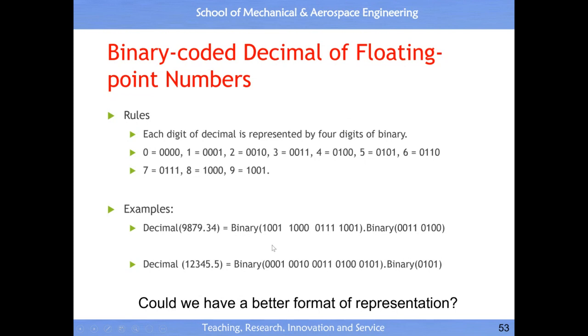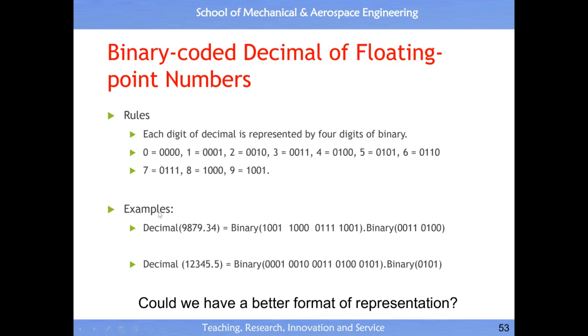But then we may use a lot of memory bytes to represent a big number, so we will waste memory locations. If there's no concern, that means we have a lot of memory to use, then you can use this simple method to represent a real number, which could vary from a very big positive number all the way to a very small negative number.